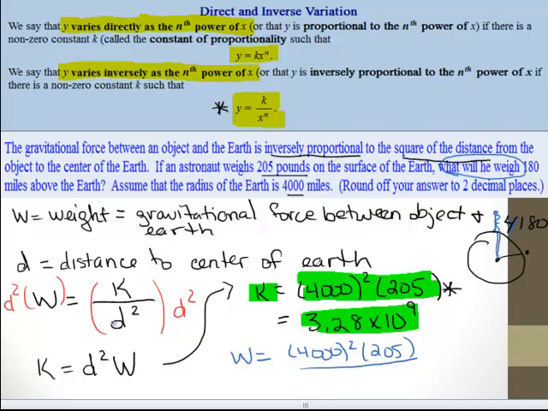Well, in this case, it's our D, the distance from the center of the Earth, which is this 4,180 miles, and that is also squared. So plug that into your calculator and you end up with 187.72 pounds. This is how much he would weigh if he was 180 miles from the Earth's surface, or above the Earth.